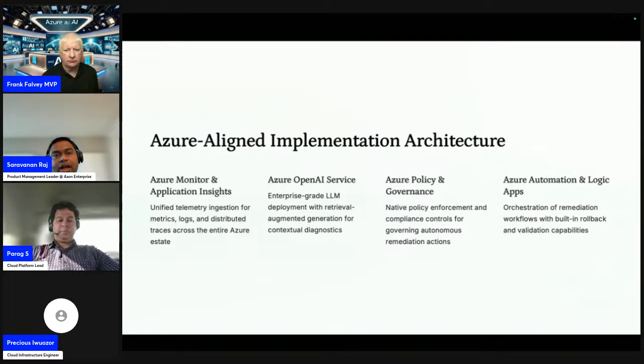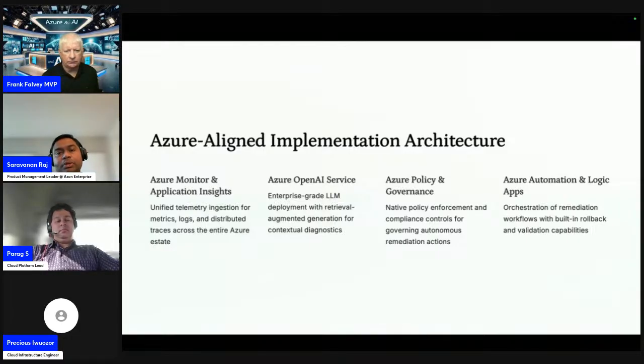And so here is an Azure-aligned implementation architecture. You absolutely need Azure Monitor and App Insights. That is the input into the system. That provides unified telemetry for any of the metrics, logs, and traces that your Azure architecture may have.